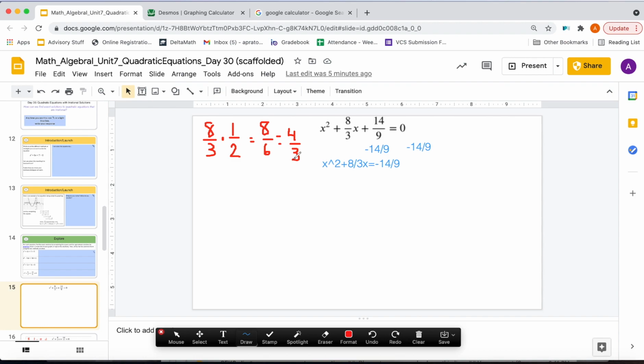Now, the next step is for me to go ahead and square this 4/3. Four-thirds squared. To square a fraction, you're just going to square the numerator and you're going to square the denominator. And we're going to get 16/9.